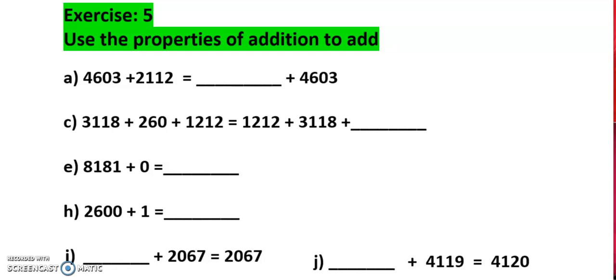I told you, if two numbers are added in any order, the sum remains the same. So your answer will be the same. So 4603 plus 2112 equal to, 4603 they have given. So what one more number do you have to write here? 2112. It is in which property?